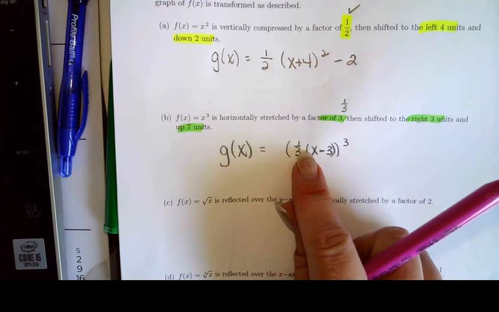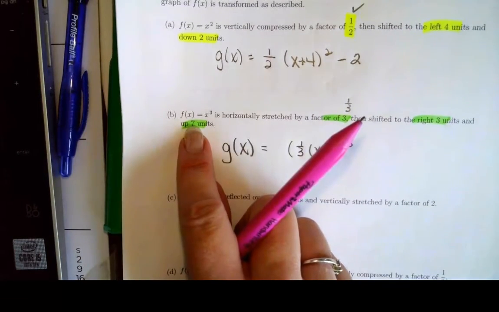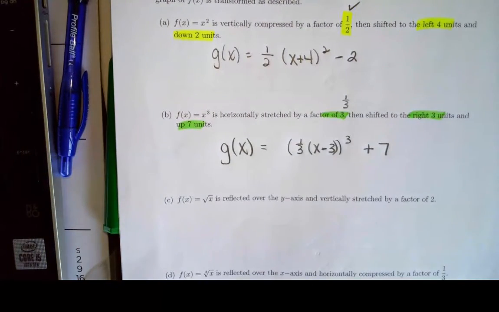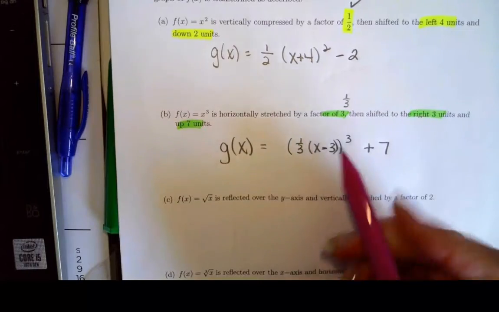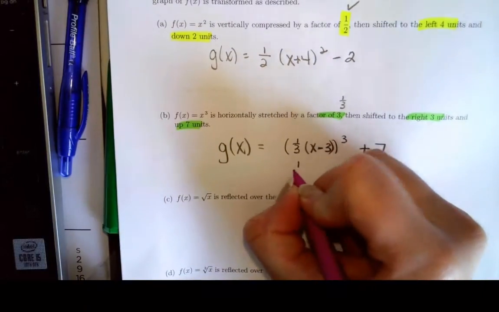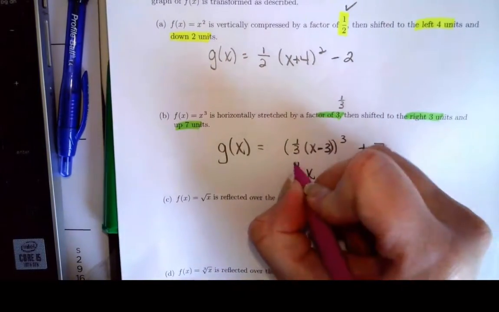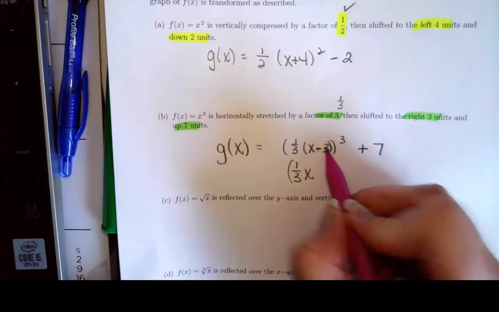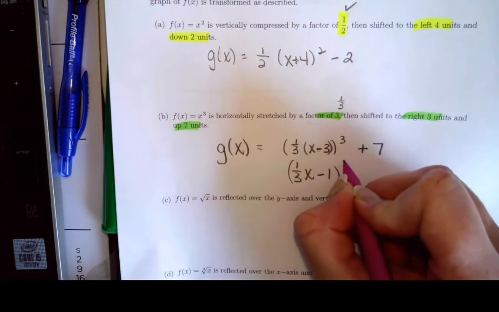From there, what do I want to do? I want to go up 7 units. So anything up, down, you just slap on the end and do what it says to do. So just to reiterate, I can now take that 1/3. So I've got a 1/3 x, and then 1/3 times -3 is -1, cubed.